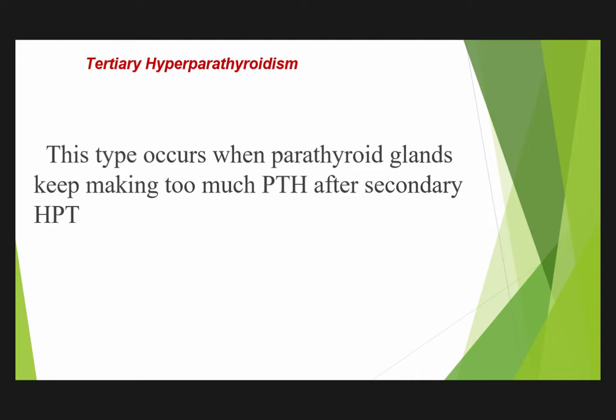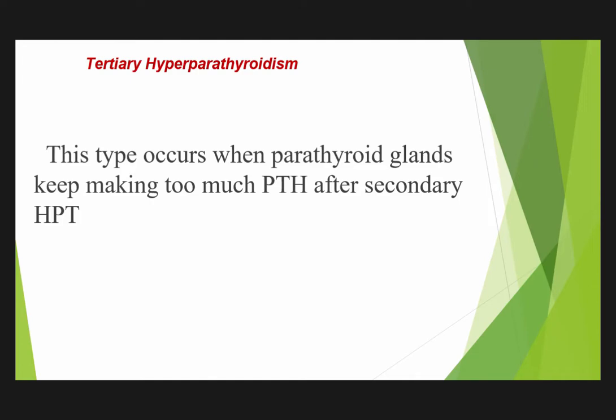This is actually the combination of secondary and primary, because if people have prolonged deficiency of calcium and vitamin D, the parathyroid gland produces too much PTH for a long time. The parathyroid gland becomes less sensitive to vitamin D and calcium and forms a tumor in its cells.